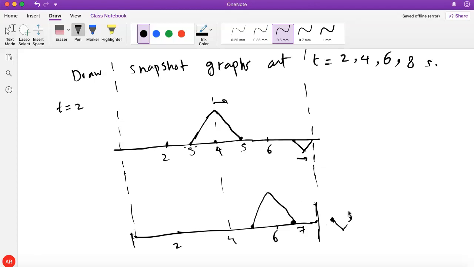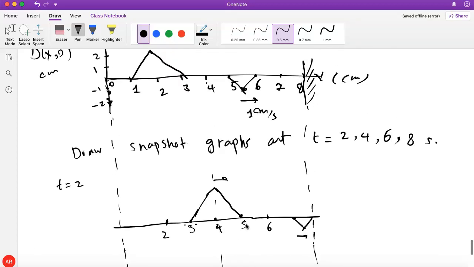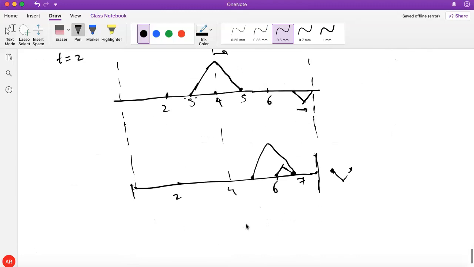And this one, which is now a longer distance, reflected earlier, so it's now 2 centimeters this way, and it's reflected like that. So our wave is going to be a superposition of these two pulses. Okay, so then how do I draw this? So that's t equal 4.